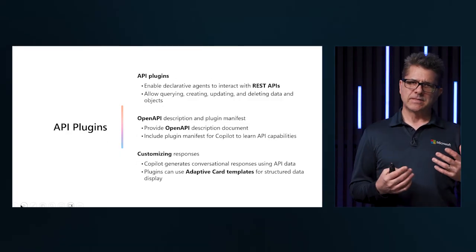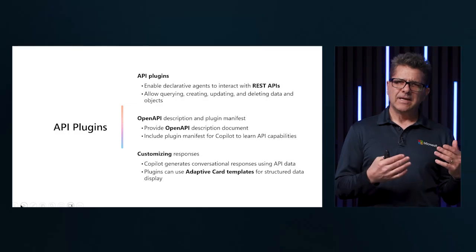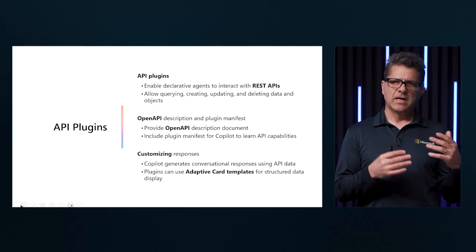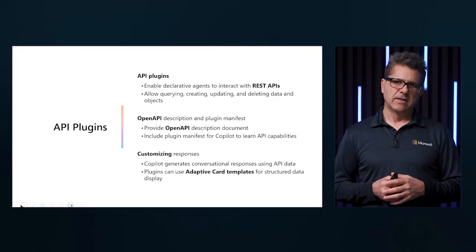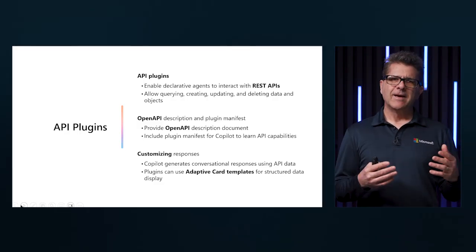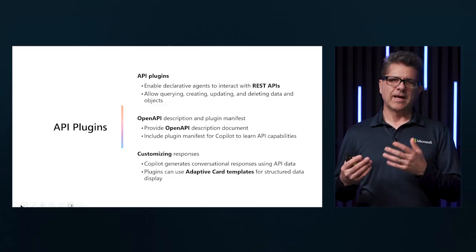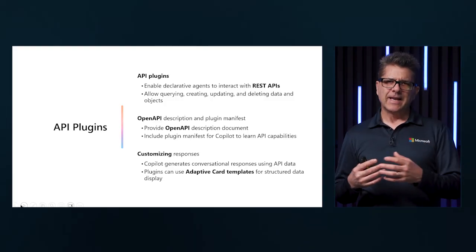Now, API plugins in Microsoft 365 enable, I would say, interactions with REST APIs. A little bit different than those pre-customized plugins that we saw, like the Teams one. They provide an OpenAPI description. In this case, I'll be able to get the plugin manifest and see this configuration. I can get examples.